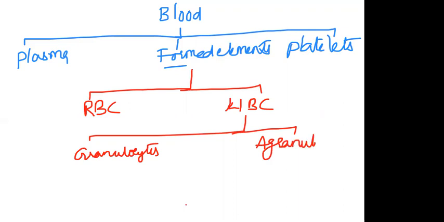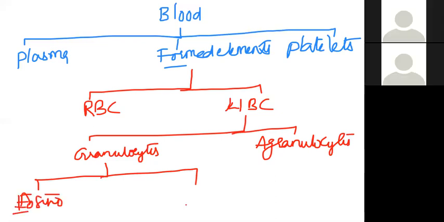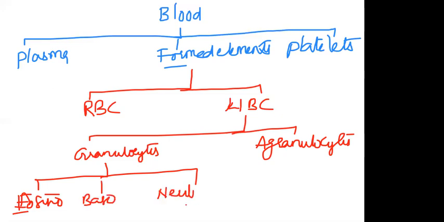Granulocytes are further classified into eosinophils or acidophils, basophils and neutrophils, and we have lymphocytes and monocytes. Now, let's talk about the percentages here, the percentages of total blood.